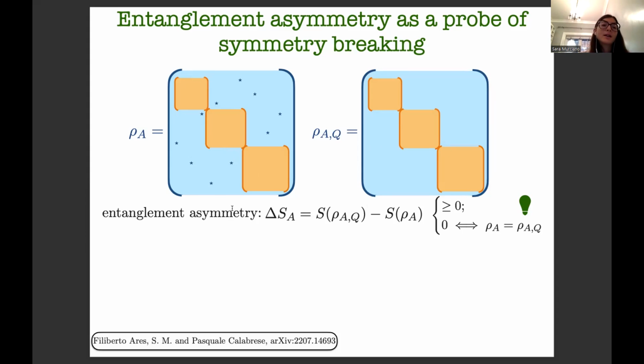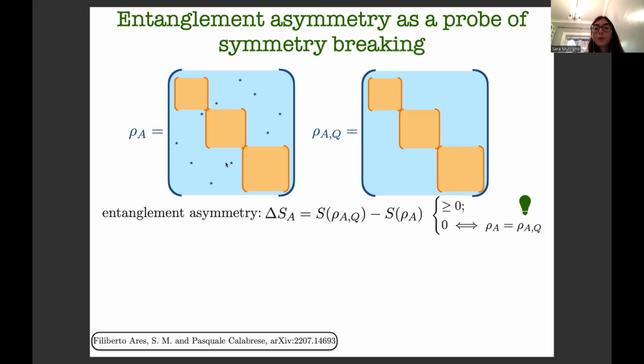This is our new quantifier of how much the symmetry is broken in a system. It satisfies these two nice properties: it is a positive quantity, as can be seen also from the relative entropy between the two reduced density matrices, and it vanishes if and only if the symmetry is restored, so that rho_A is equal to rho_A,Q.